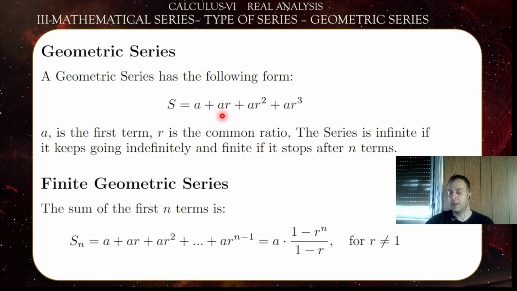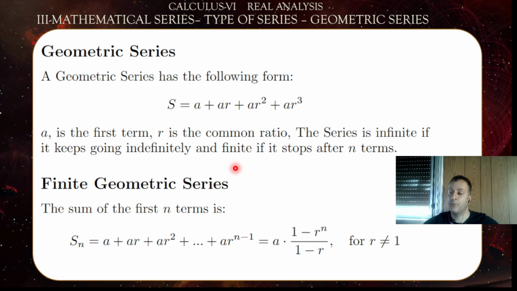So this can be rewritten as S equals sigma n equals 0 to infinity of a times r to the power of n, which is a plus ar plus ar squared, etc. Now, a is the first term. r is what is called the common ratio, which is being raised to the power of n. The series is infinite if it keeps going indefinitely, and finite if it stops after n terms.